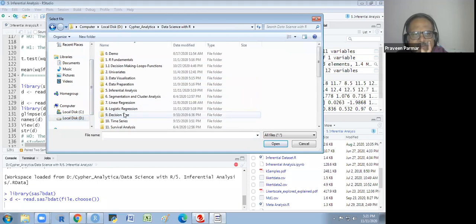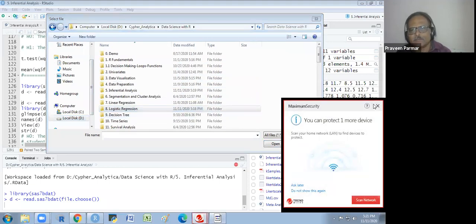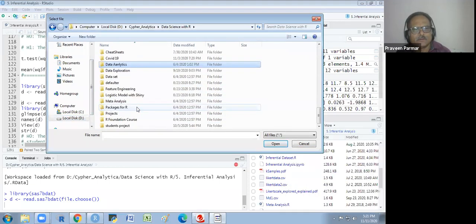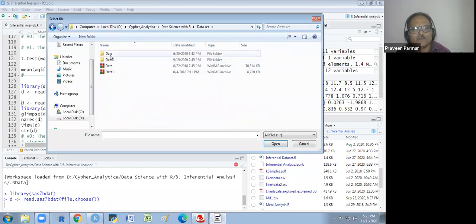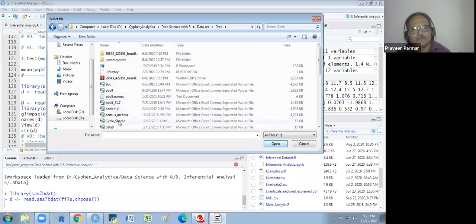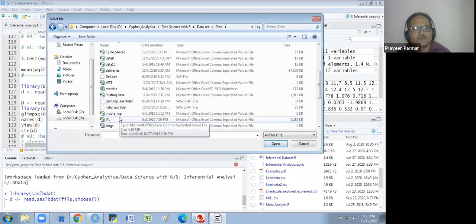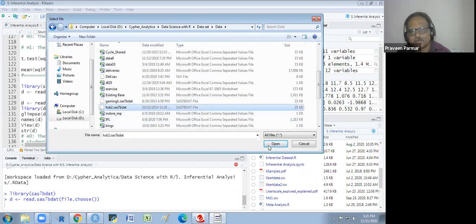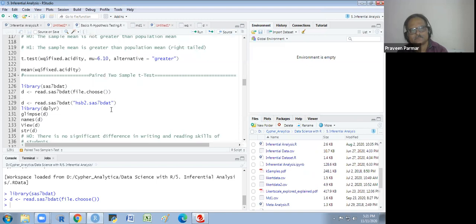So I just search for that data. I think that is the data folder, so this is the data set I am taking. Again, I do it.